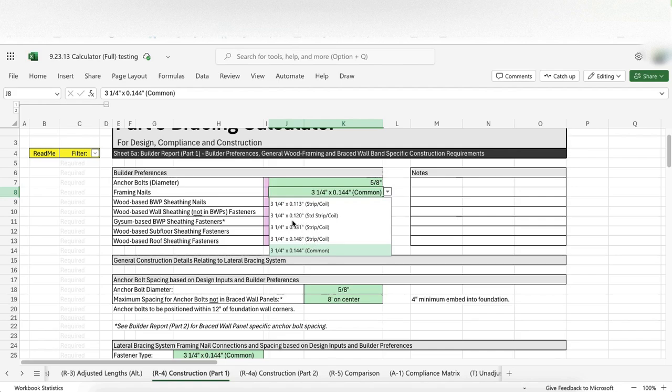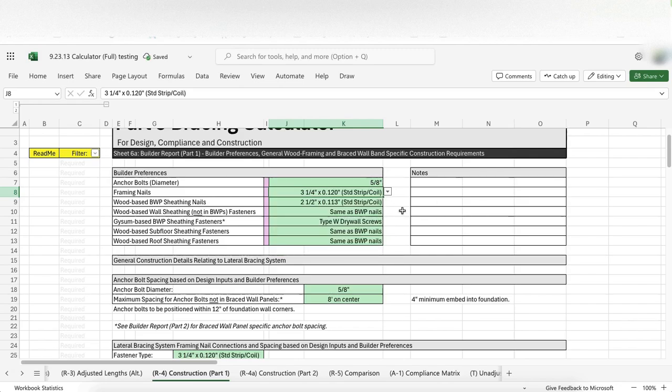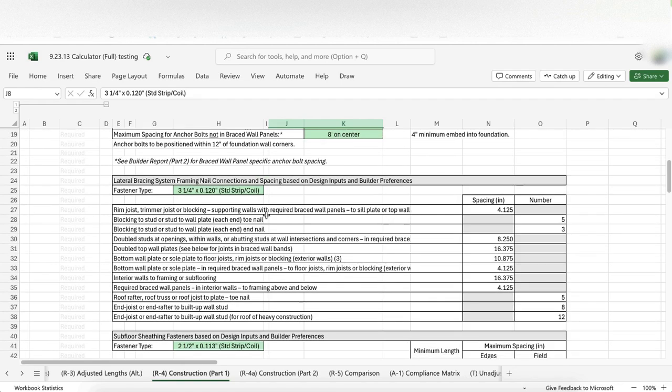And the ones that I'm probably most familiar with is this diameter, unless something specifically provided for brace wall panel nailing or shear wall nailing. So I put this one in here, and you can see it's a reduced diameter nail. If we put it in and make that selection, it comes through here. But there is a significant adjustment to the spacing and the number of nails that are required for those connections.